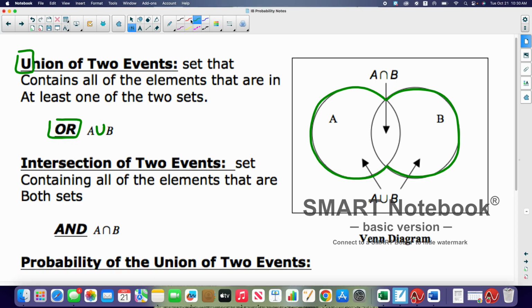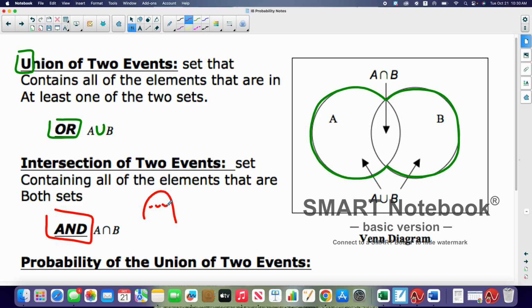Now, the intersection. The intersection of two events contains all the elements that are in both sets. So the key word here is and. If you look here, it's an upside down U, or an A without the crossbar, A intersection B. Now if I ask the same question, how many of you are girls and juniors? Now how many hands go up?